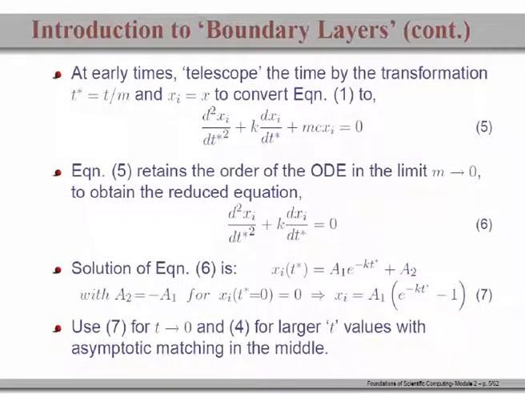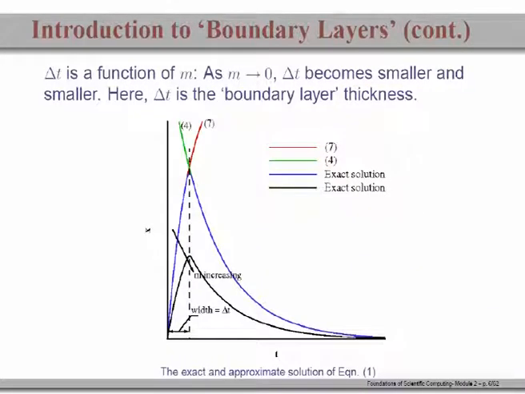Okay. So, we have now two sets of solution, right. One which is valid for small time, which we just now wrote, x inner, which is shown by this red line, and the other solution which we called the x outer is the line 4, right. Now, you can see that there is a region over which this x I is valid, and there is this other region outside where the x O is valid.